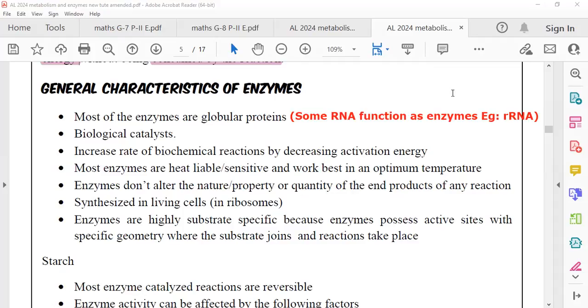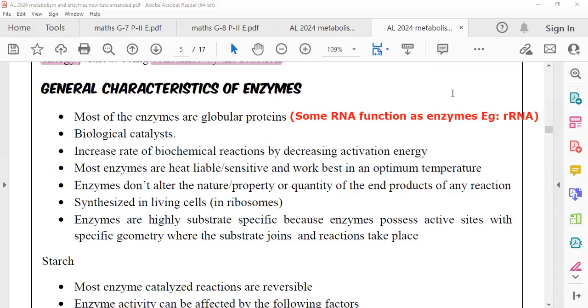Because they decrease the activation energy, the rate of biochemical reactions increases. That is another property. The third property: most enzymes are heat labile.